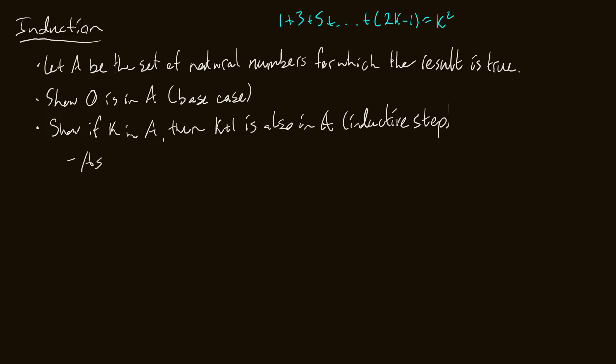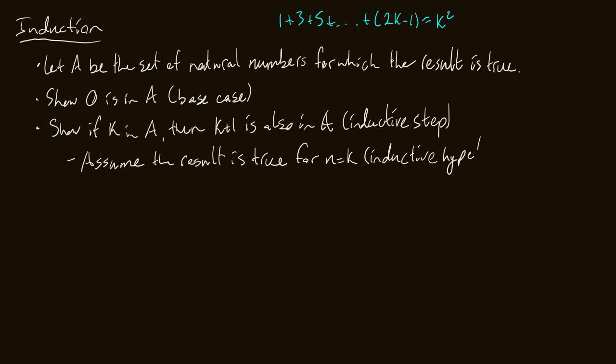So assume the result is true for n equals k. This is called the inductive hypothesis. The reason I'm giving all of these names is because we're going to refer to these in our proofs. We're going to say, oh, by the inductive hypothesis, or by the base case.